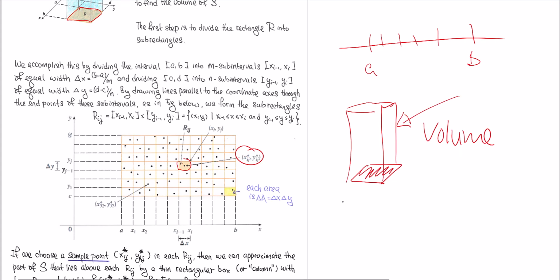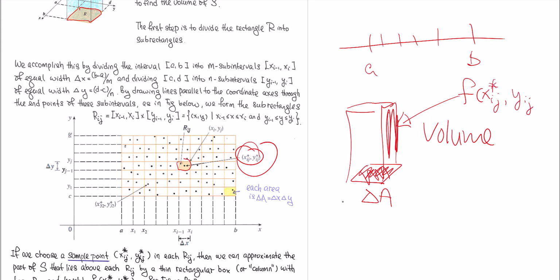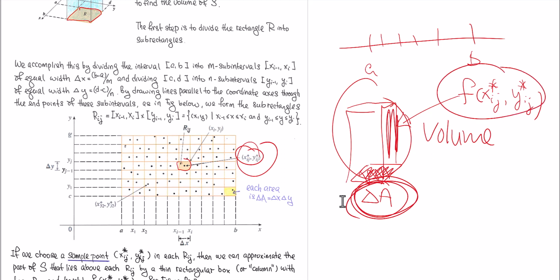The volume is going to be this area, which we call delta A, times the height. How do we get the height? Well, we use f evaluated at this point, which we call (x_ij*, y_ij*), put a star here. That will give us a volume. The area times this gives you a volume.